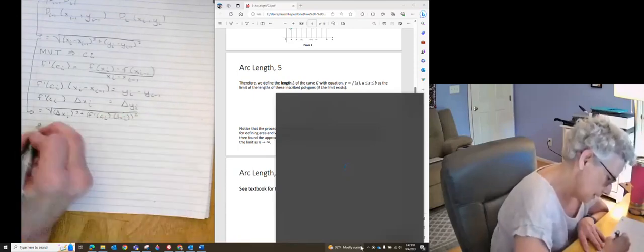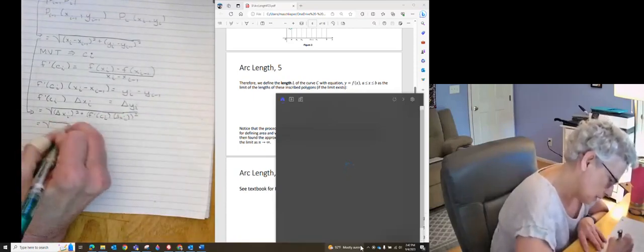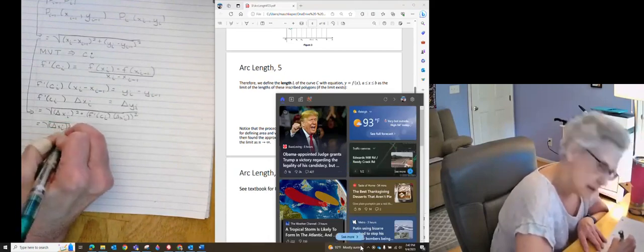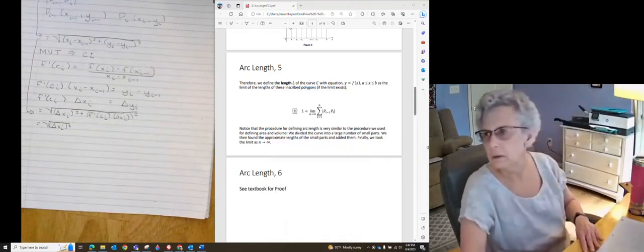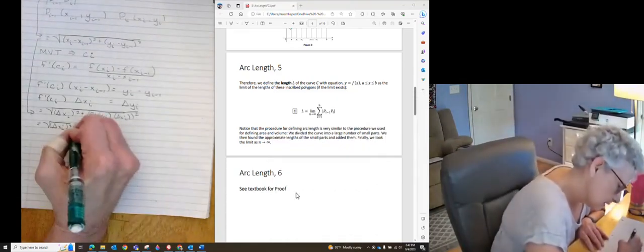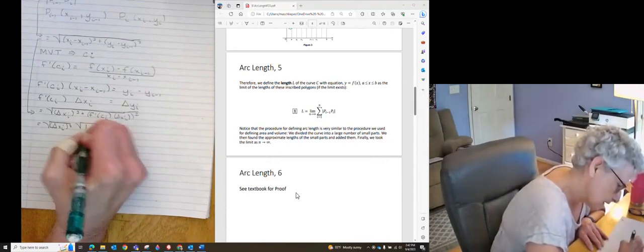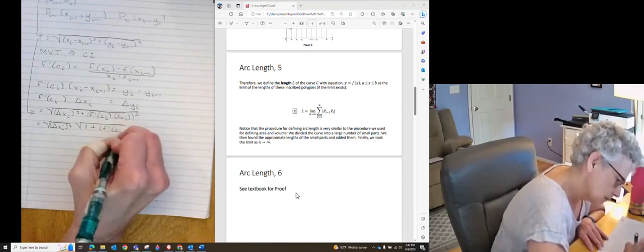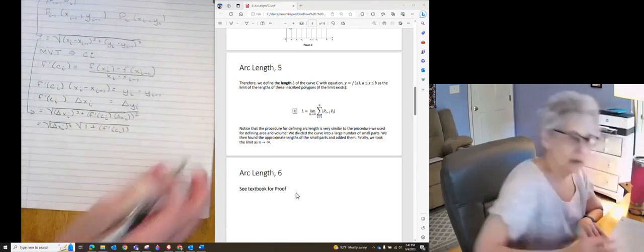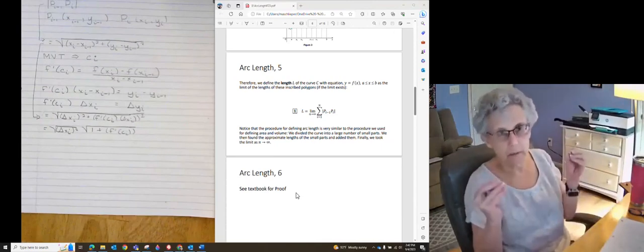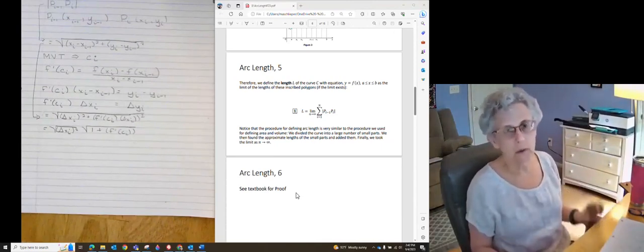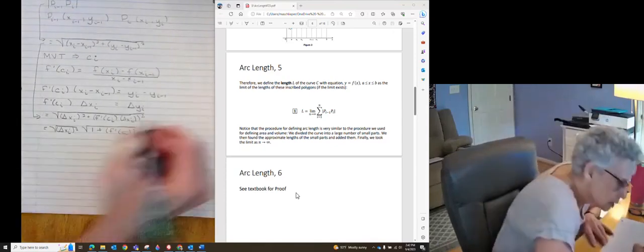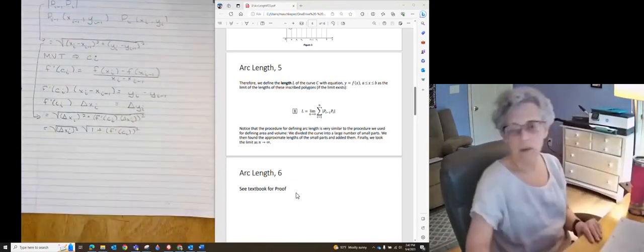So now I have square root of delta X squared times the square root of 1 plus F primed of something that lives between point I and point I minus 1, squared.